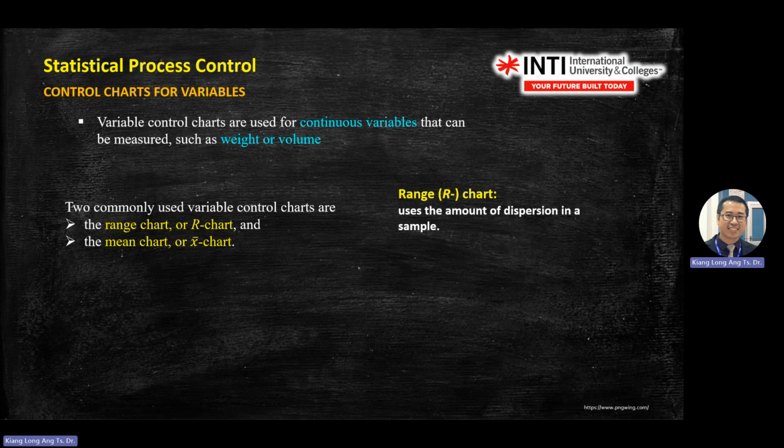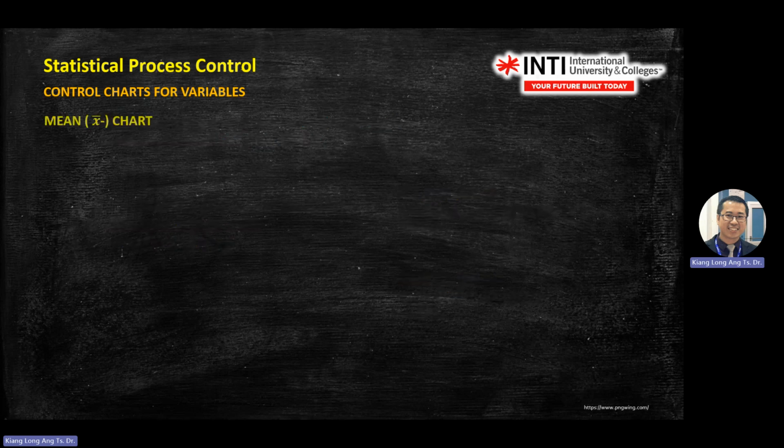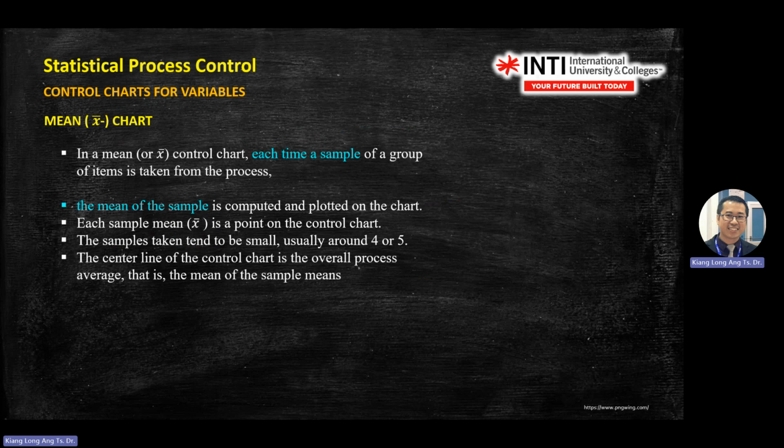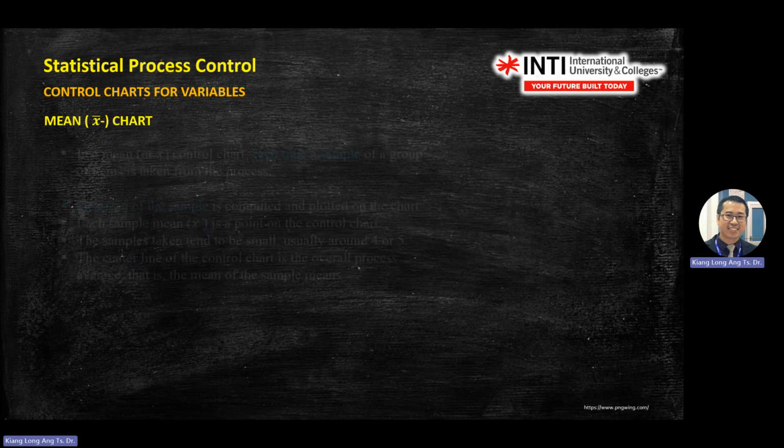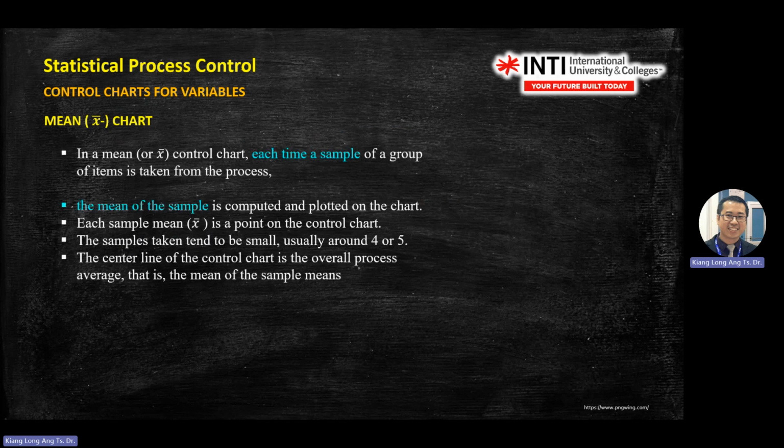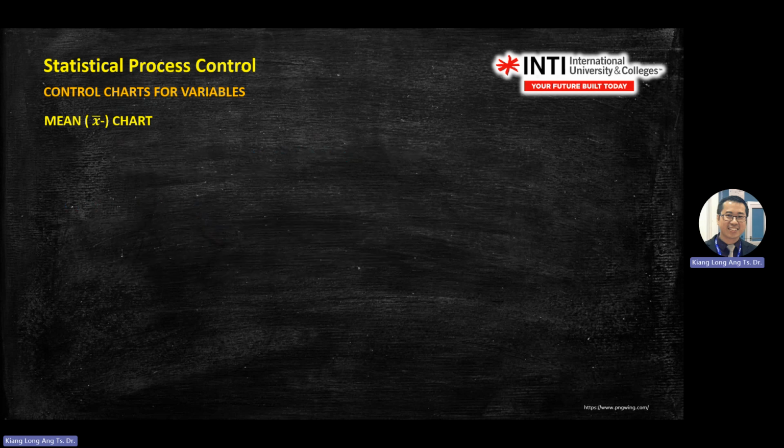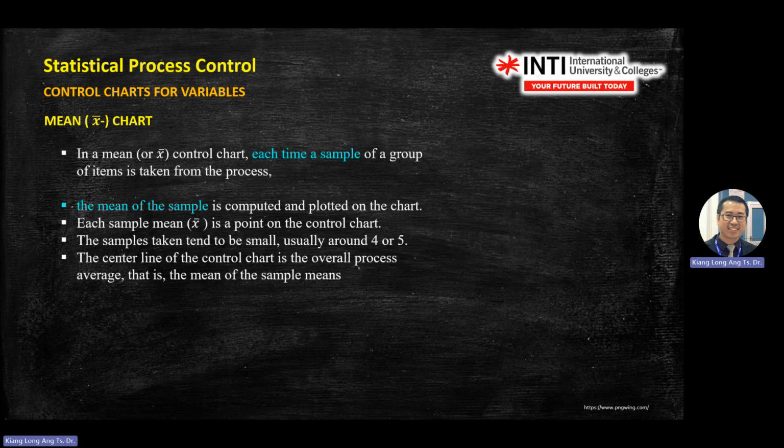Two common variable control charts, R chart and mean chart. So this is just information for you. Mean chart, usually the sample taken tend to be small, usually about 4 to 5.